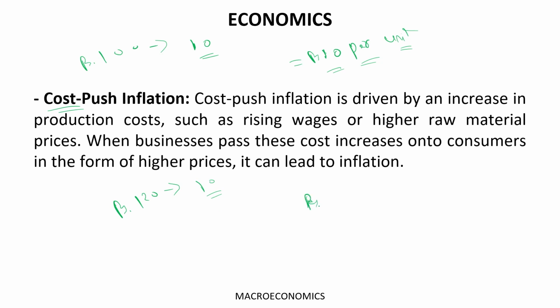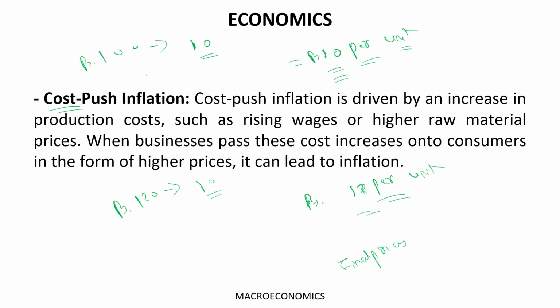Now you can say it's rupees 12 per unit cost I am having. Okay, and if I go to this side, then now you can see the internal cost of production is going high. So what effect will it have? It will have an effect on the final price.